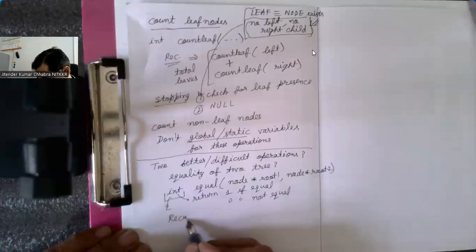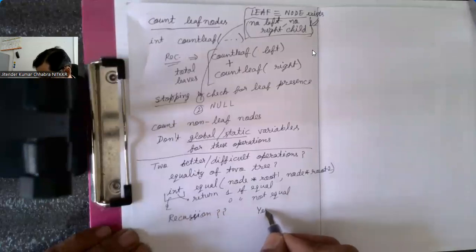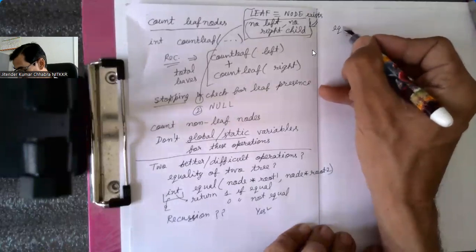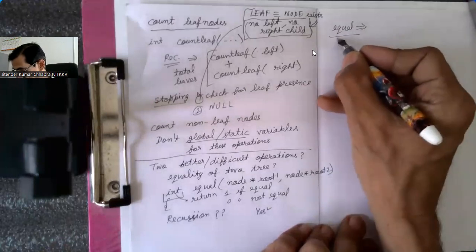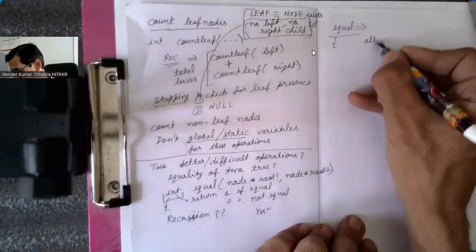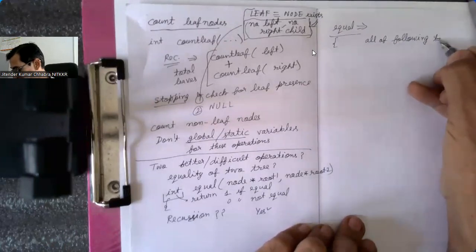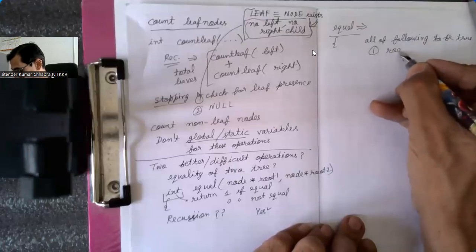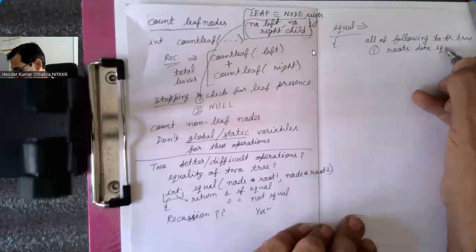Is recursion applicable? Means if I find the equality of the left side and equality of the right side, is it useful? Yes. So what will be the recursive definition? Equality of two trees now requires what? If tree exists, when I say equal, I need all of the following to be true, because there are multiple conditions to be happening. What? Roots' data are equal.